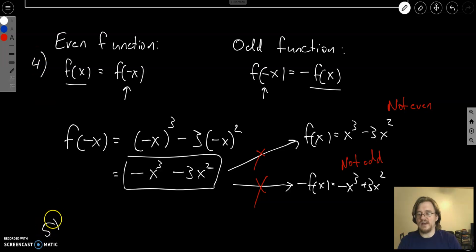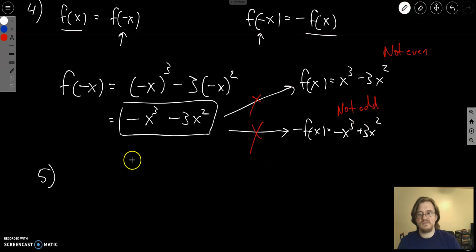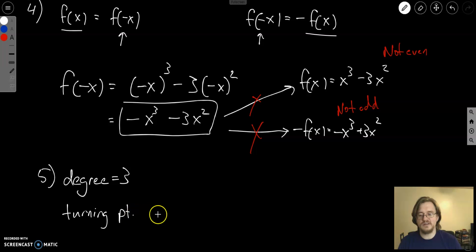And then with point 5, when we look at our function, what's the degree of our function? Our degree of our function is going to be 3. So the number of turning points of our function has to be less than 3.